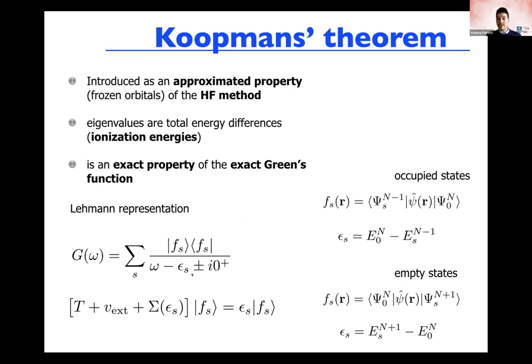In the Lehmann representation, the poles of the Green's function, that are our eigenvalues, if you want, are total energy differences, N minus 1 or N plus 1. So somehow the case of Hartree-Fock is a corollary. Hartree-Fock is an approximate self-energy, and so this theorem holds approximately. This is also another view on the Koopmans' theorem.